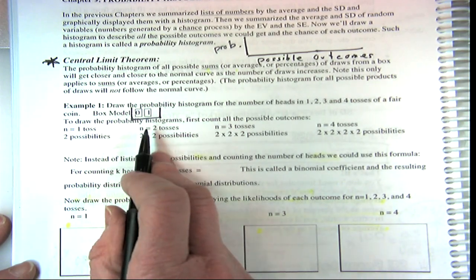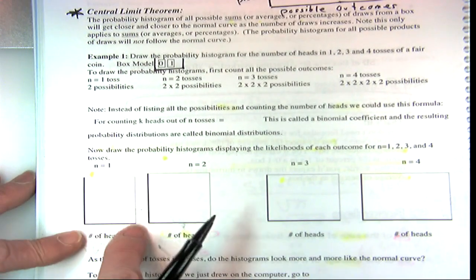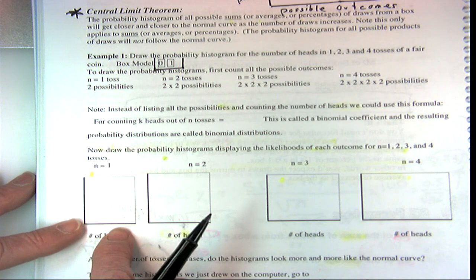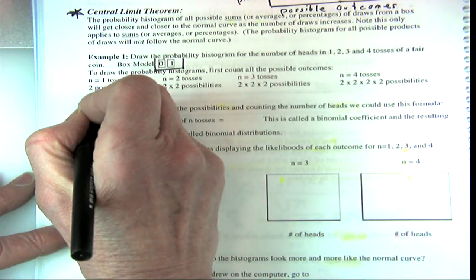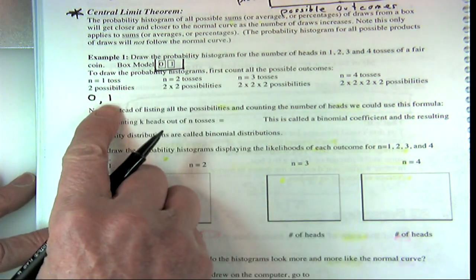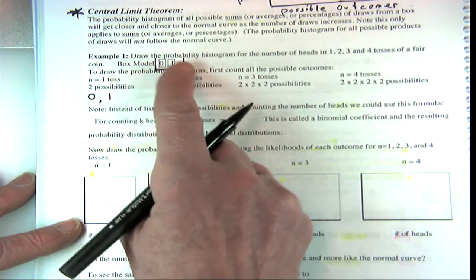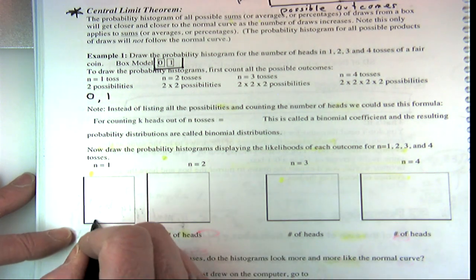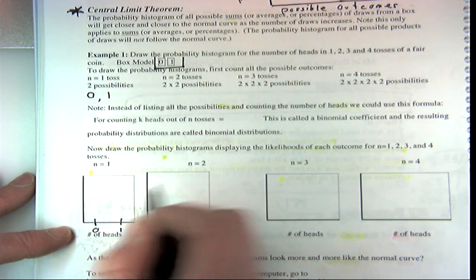To draw the probability histogram, you have to think of all the possible outcomes, because for n equals 1, that's going to be here, all the possible outcomes. So what could you get? You could get one tail, which would be 0. We either have 0 heads or 1 head. We have 2 possibilities with just n equals 1, right? You draw from here, you either get a 0 or a 1. So what does that look like? Here 0 or 1, those are only 2 possibilities.